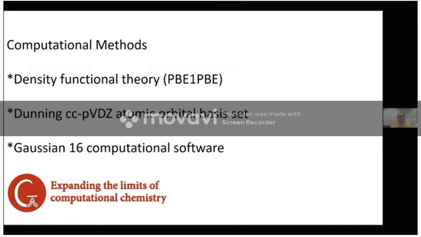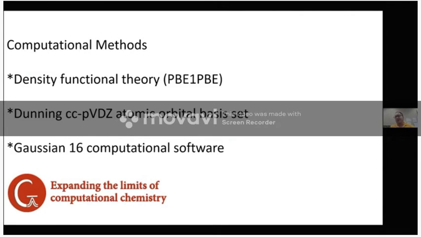The work that we do in my lab is computational in nature. Did I synthesize any of these molecules in my lab? No, that's not the nature of our work. We're studying these molecules in computational models using what is known as density functional theory. We're using the Dunning polarized valence double zeta atomic orbitals basis set, and I'm using the Gaussian 16 computational software.